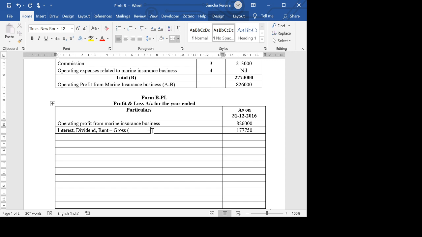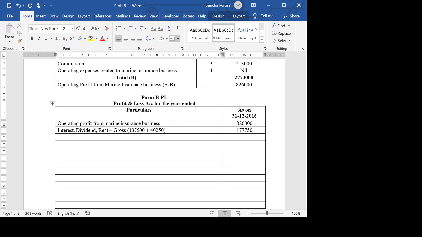We know the TDS deducted on that amount is 40,250. So basically, the actual interest that has been received is 1,77,750 minus 40,250, which is 1,37,500.